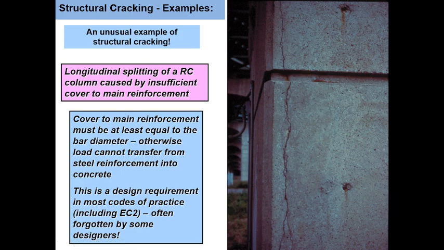So in the absence of adequate cover, you can see the cracking of cover to reinforcement. That is why when we are doing design, we should be able to provide adequate cover to reinforcement.